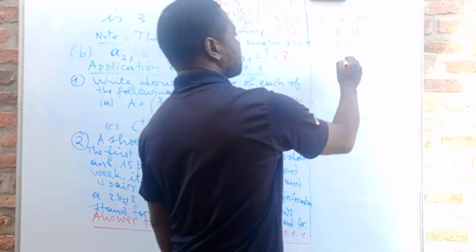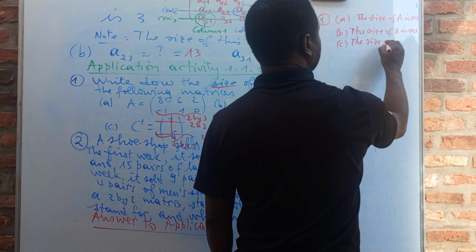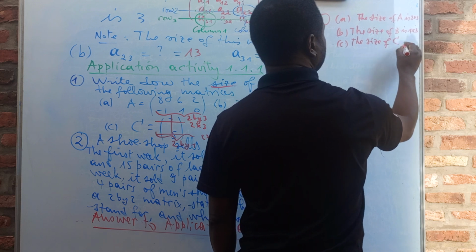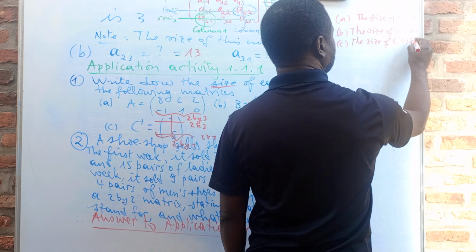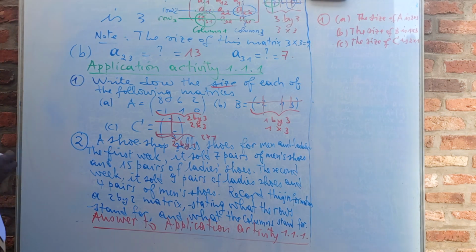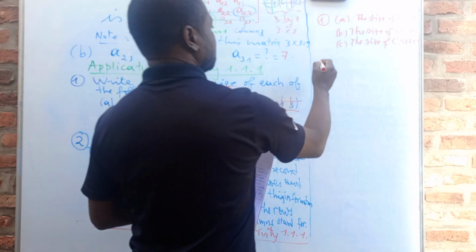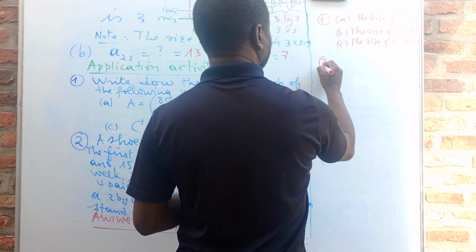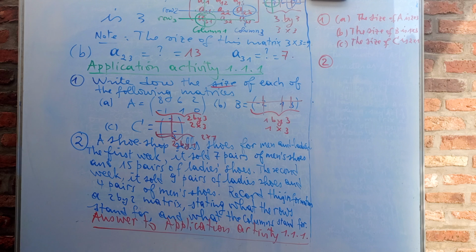So the size of matrix C, this column matrix, is 2 times 1, 2 by 1. Okay, that is for question 1. So question 2.